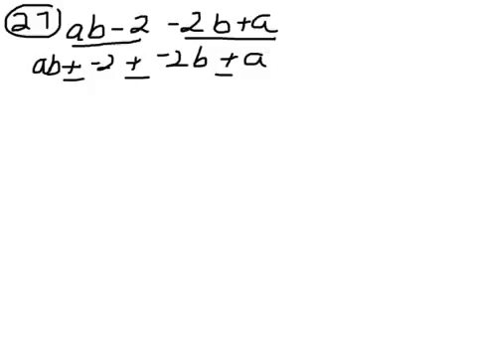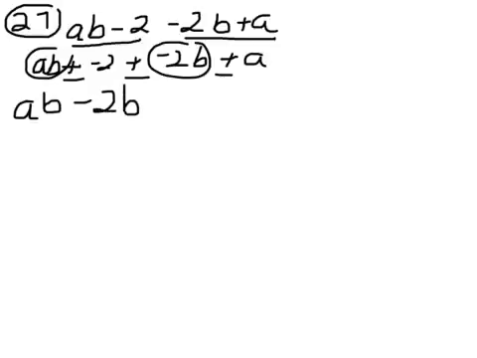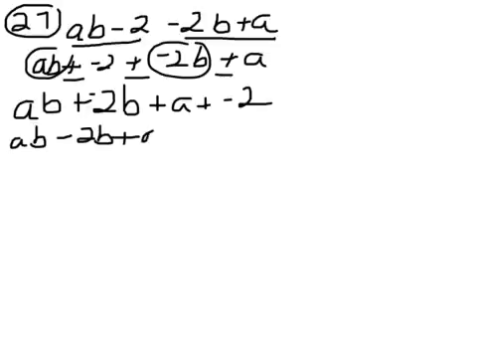I'll take this AB and this minus 2B and group them together, so it's AB plus minus 2B. Then I'll take this plus A and put it with the plus minus 2 that I rewrote as addition. Really I could have just written AB minus 2B plus A minus 2, because we can rewrite subtraction as adding a negative and switch things around as long as we keep the sign with it.